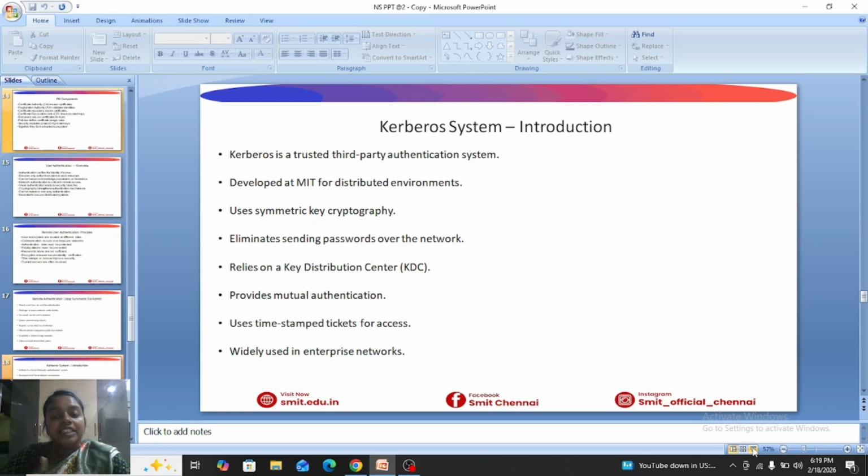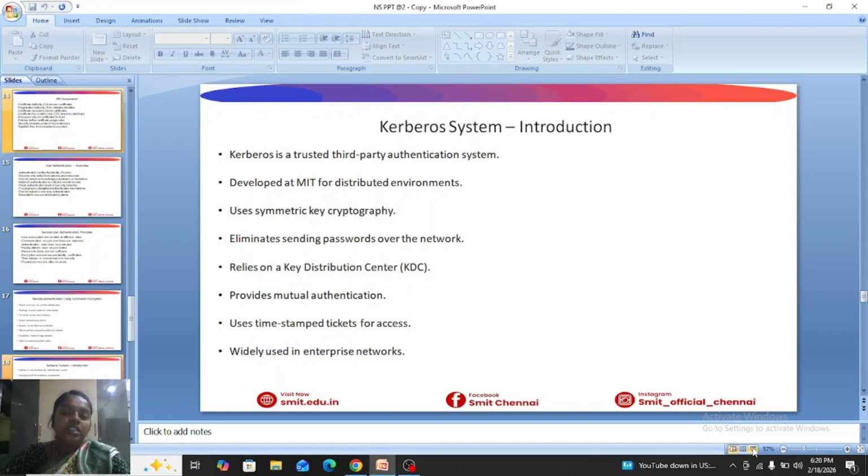It enables single sign-on. There are three main components. First is the client, which is the user. Second is the server, which is the service server. Third is the key distribution center.